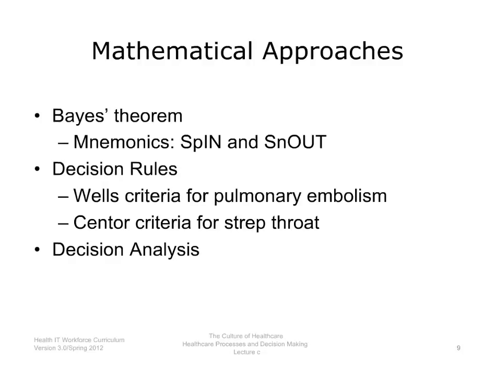Simple scoring rules, Centor criteria, also help determine the probability of streptococcal pharyngitis, which can lead to more appropriate antibiotic prescribing. Finally, formal decision analysis is applied to clinical problems in order to set policy and create guidelines. These techniques are especially amenable to providing decision support with computer systems, because calculations that may be difficult to do in one's head are trivial for a computer if the correct data is available.